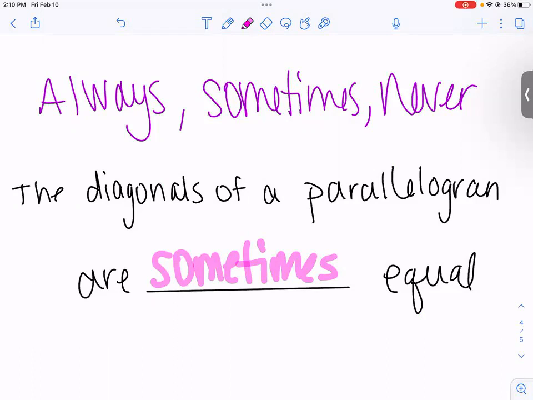No, they always bisect each other. When it's a rectangle. When it's a rectangle and a square, we have diagonals that are equal. But a normal parallelogram or a rhombus, nope. Okay. All right, go ahead and erase.